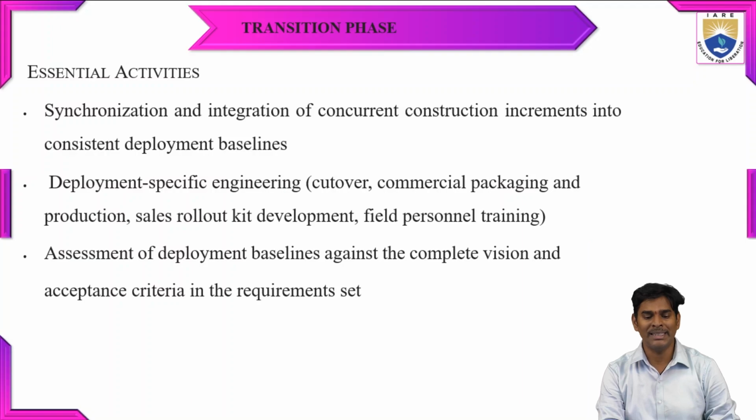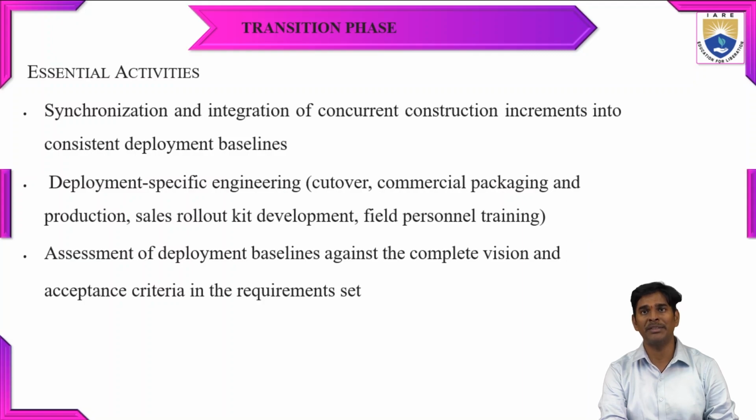So what are the main essential activities? The essential activities are synchronization and integration of concurrent construction increments into a consistent deployment baseline. This is the final product which is going to be deployed, and it should be incremented every time. And they also need to check the deployment-specific engineering.